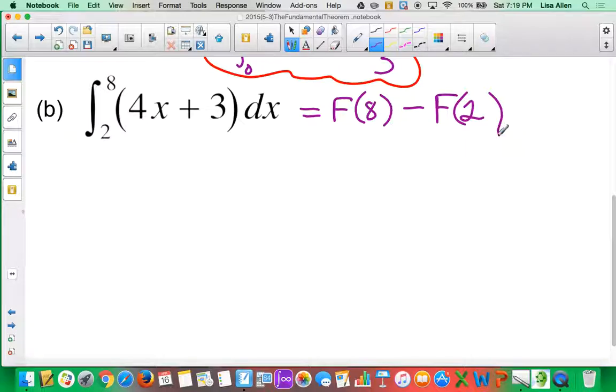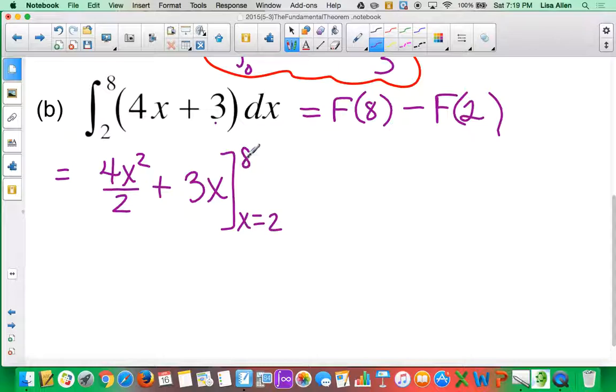So recall your antiderivatives. So this is equal to, we take the antiderivative, so we get 4x squared over 2 plus the antiderivative of 3, which is 3x. Put the bracket around, and we're going to say from x equal to 2 to 8.